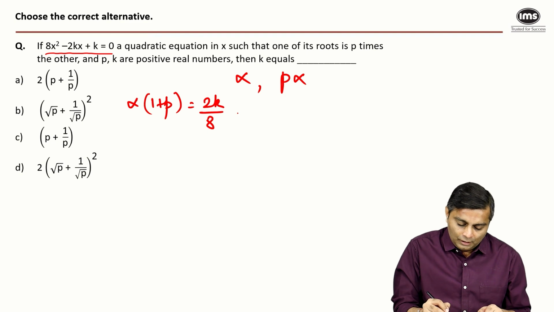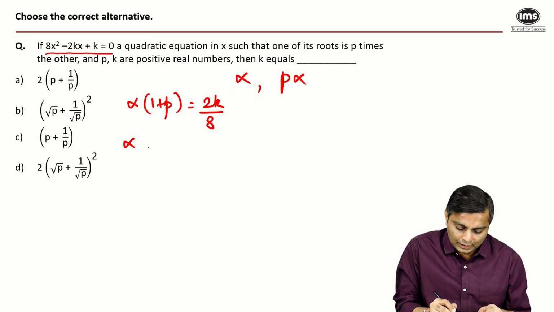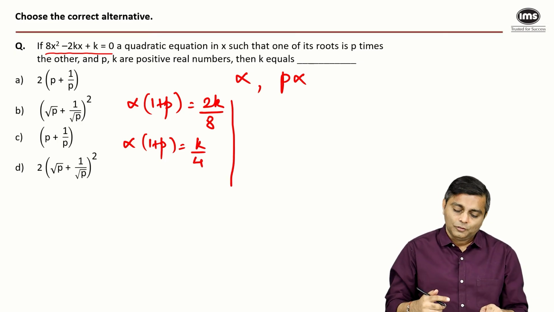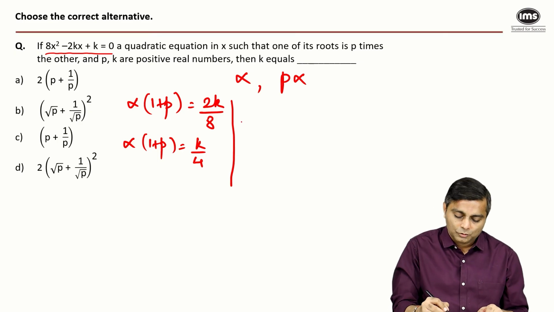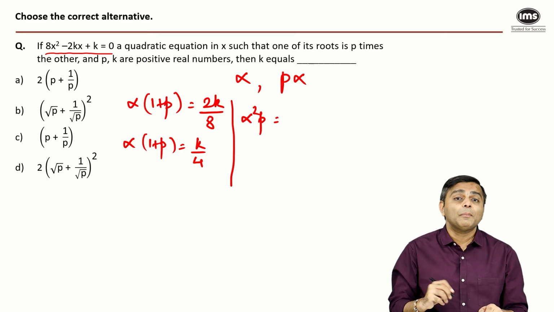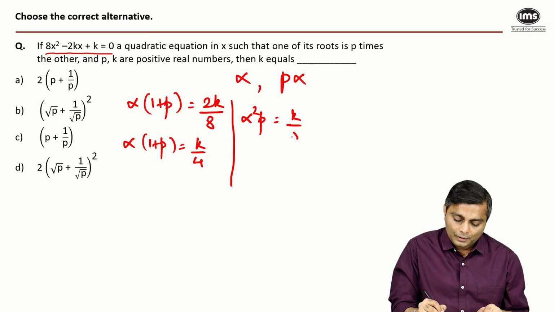So alpha times (1 plus p) is going to be k by 4. Okay. Let's go to the product of the roots. Alpha into p alpha, so p alpha squared, is c by a. c by a is k by 8.